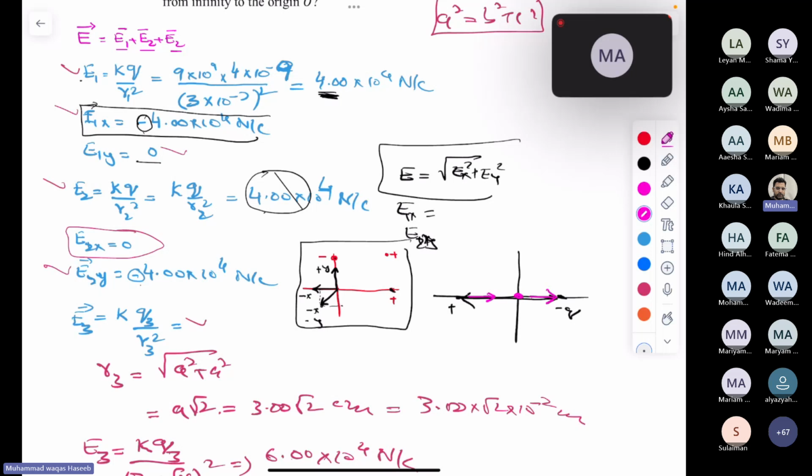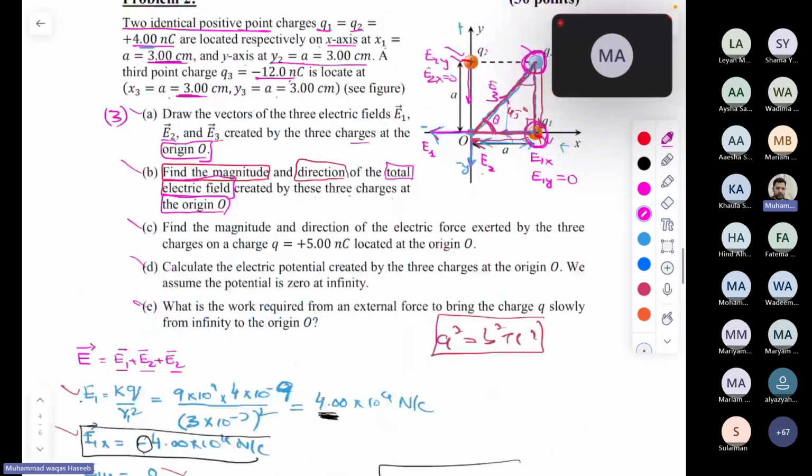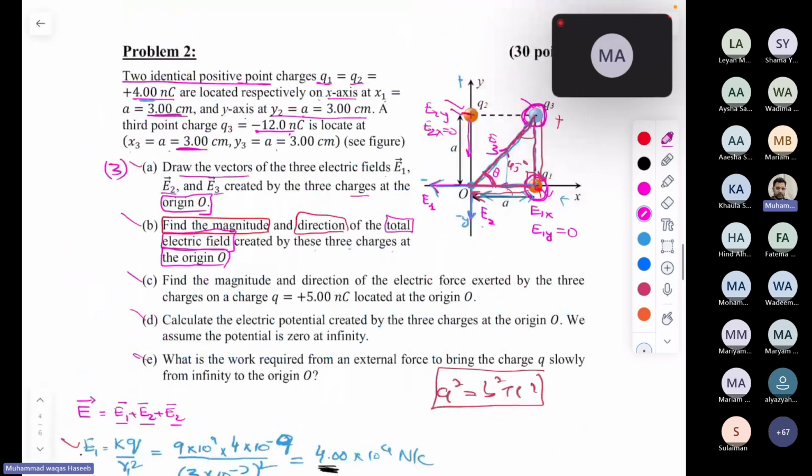If you are seeing from this origin, both have the X component, and this is positive and this is negative. So it could be any kind of configuration given to you. You just have to figure out first their electric vectors and then figure out the magnitude and direction of the total electric field. This is how you can find it.